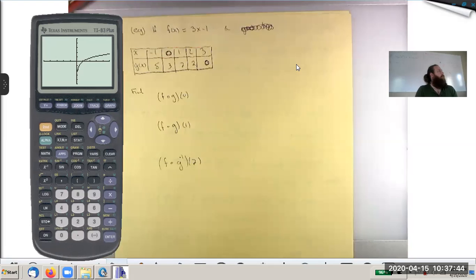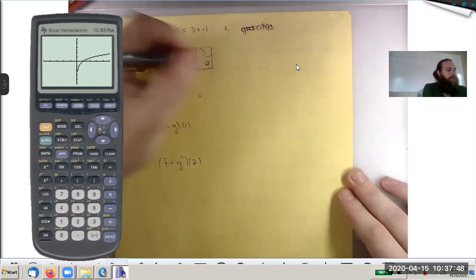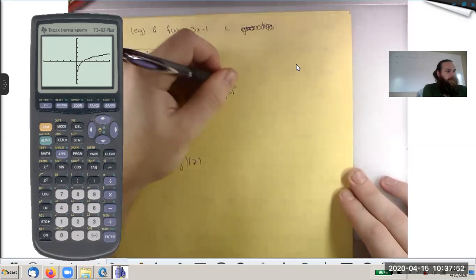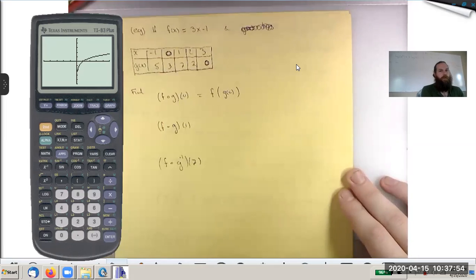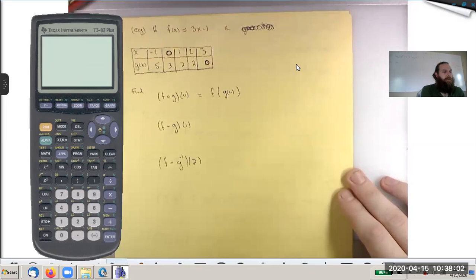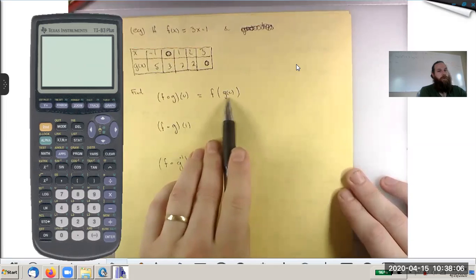The trick for all of these is to start off with the definition. f of g of 0, like this. So I'm looking for f of something. In order to proceed, I have to know what that something is. That something is g of 0. So I need to figure out what is inside.